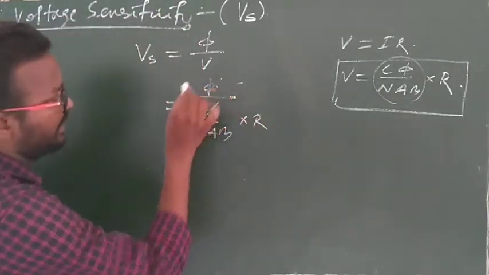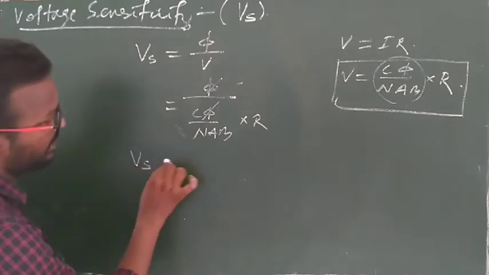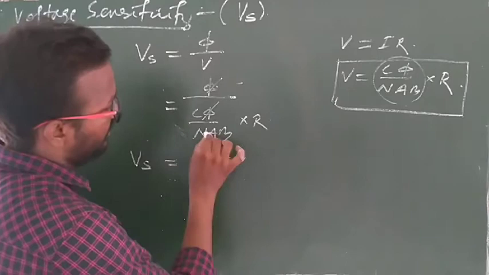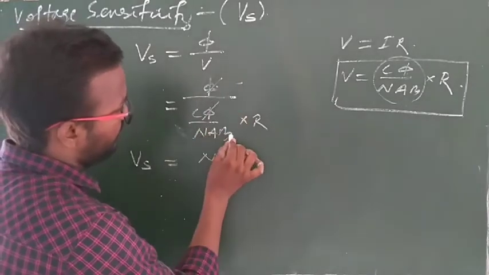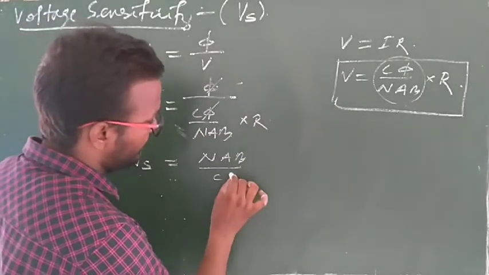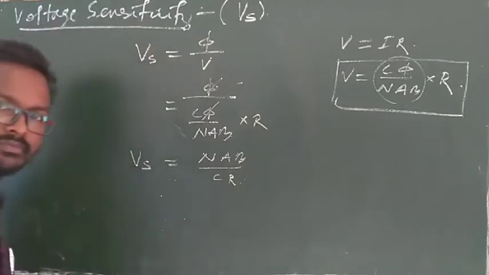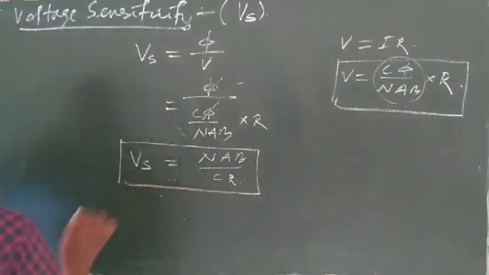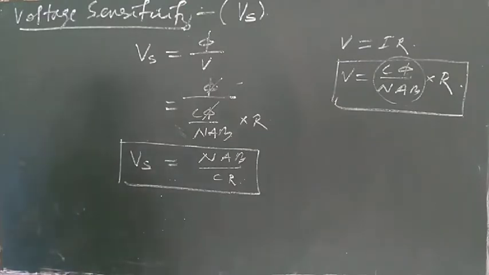Phi cancels. So Vs equals NAB divided by CR. Clear? Okay. How can we increase voltage sensitivity?